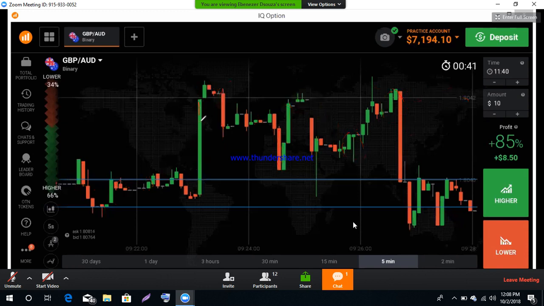You can't take this strong candle as a confirmation because 70% of the time a strong candle will reverse the market. These strong candles work as reversal candlesticks 70% of the time, and only 30% of the time will they continue the market.